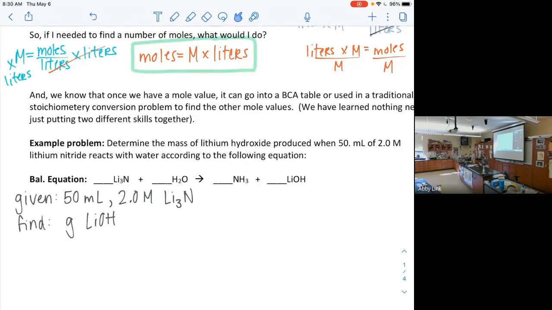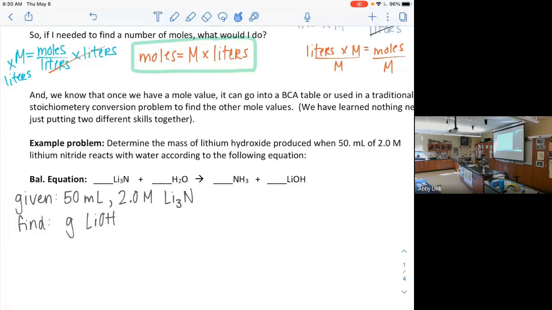A couple of different things we're going to have to deal with. First off, molarity doesn't use milliliters. Molarity uses liters, so we're going to have to convert that into liters. Easy. We know that there are 1,000 milliliters in a liter.